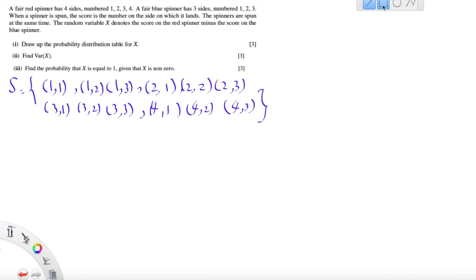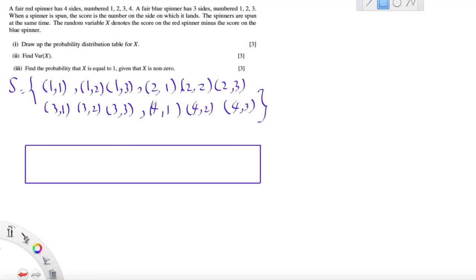Now, for the probability distribution table, here x and probability of x.